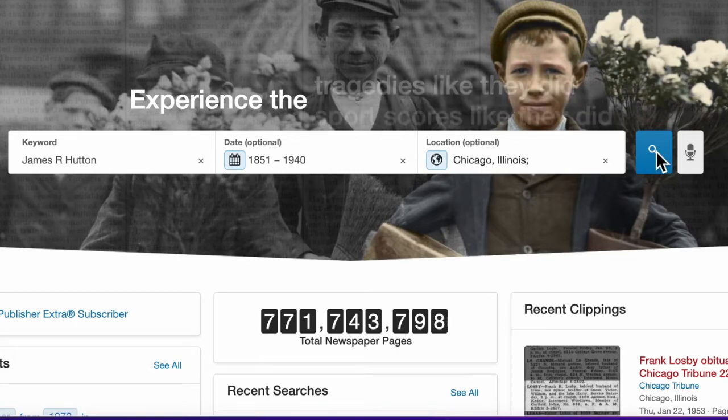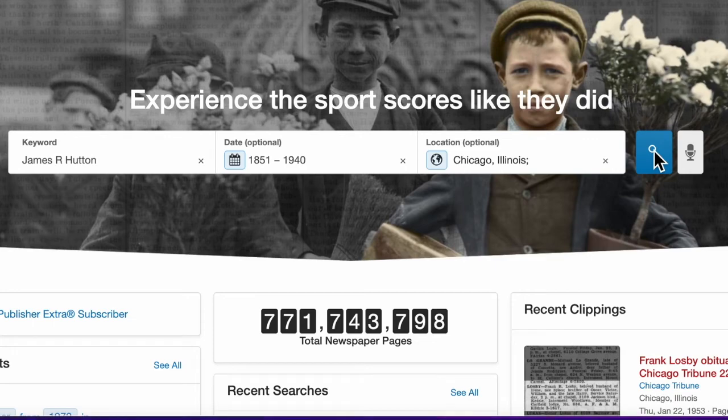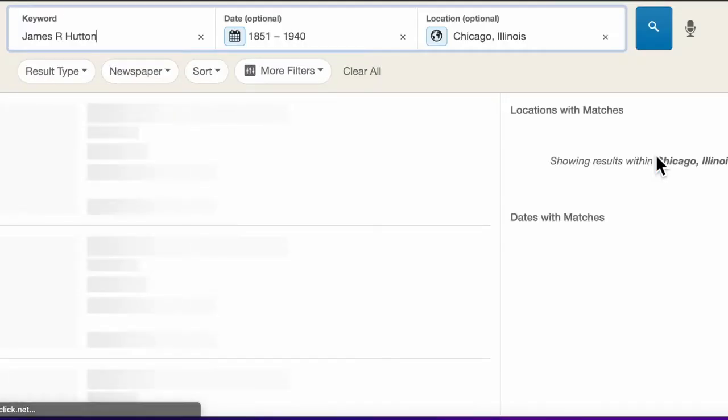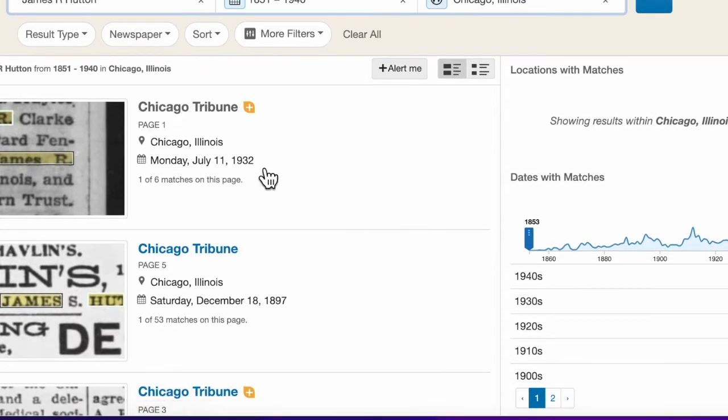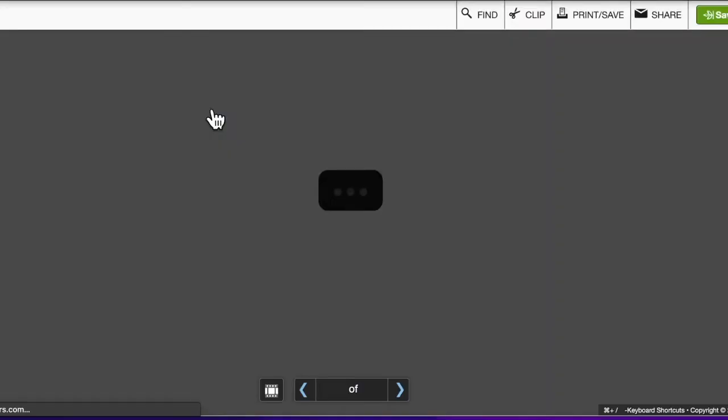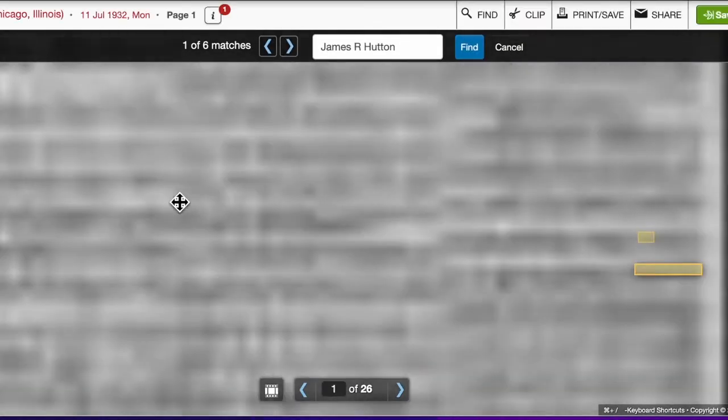So I'm just going to press search to see what information I can find out about Mr. Hutton. As you can see, some things pop up from the Chicago Tribune. Makes sense. He lived in Chicago. And as you can see right over here, James R. The problem is, or I shouldn't say the problem, but one of the things that you will find is I don't know whether that is James R. Hutton.